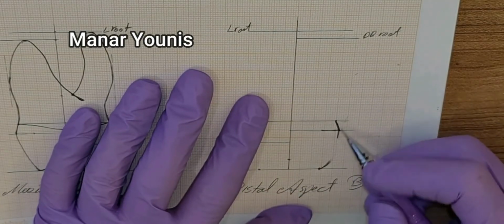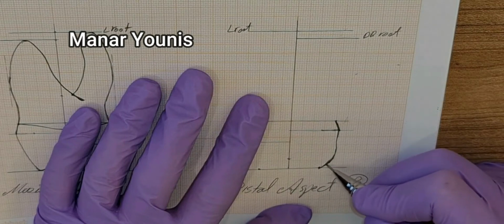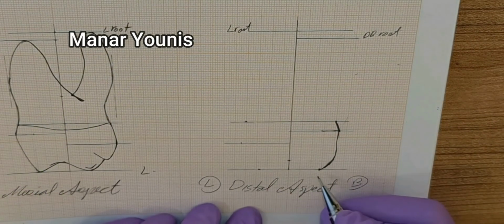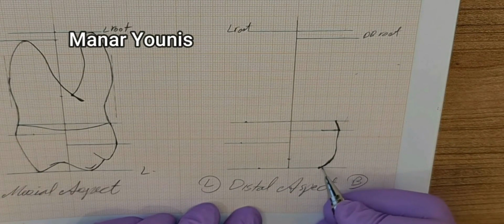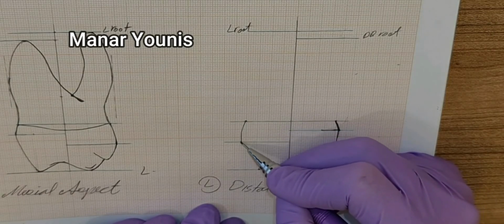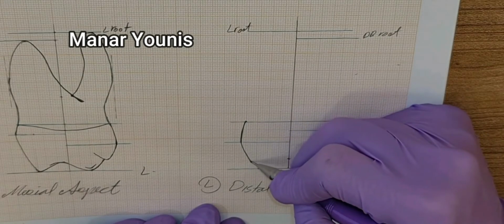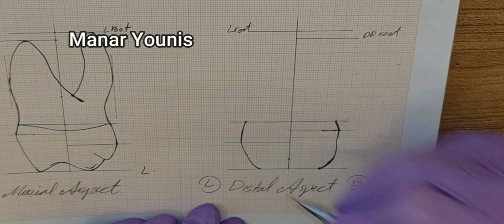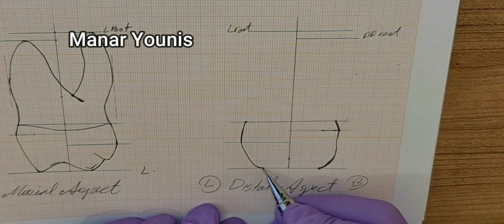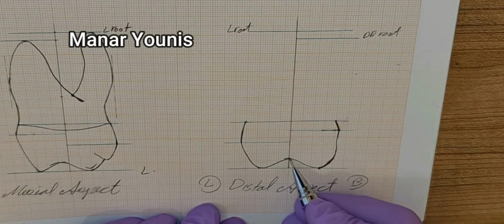It is somewhat irregular because part of the buccal aspect can be seen. This is the tip of the distal buccal cusp. Then here it will be more convex toward the distal lingual cusp tip. Then they will become confluent with the distal marginal ridge.